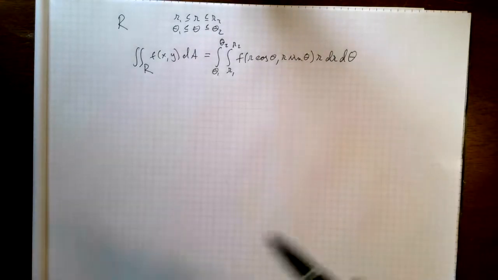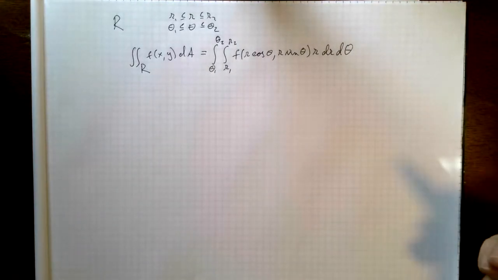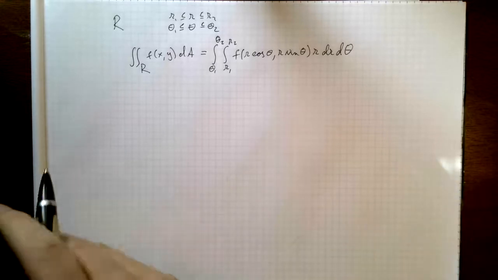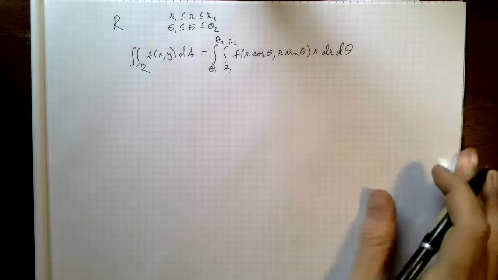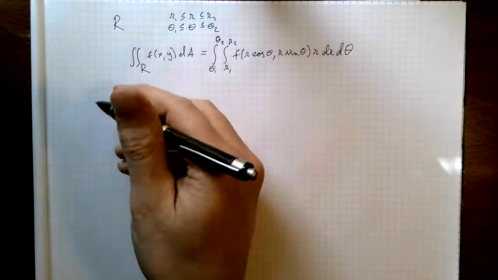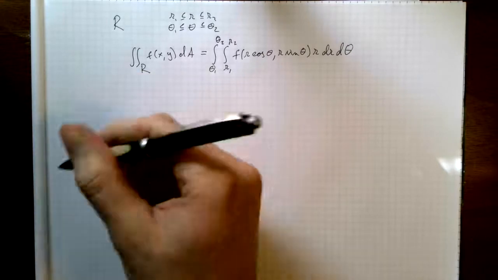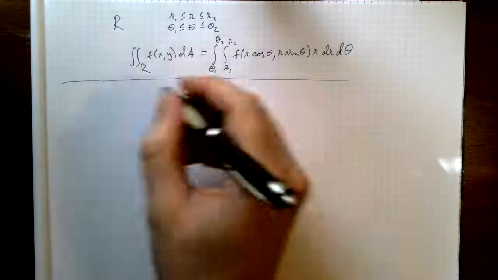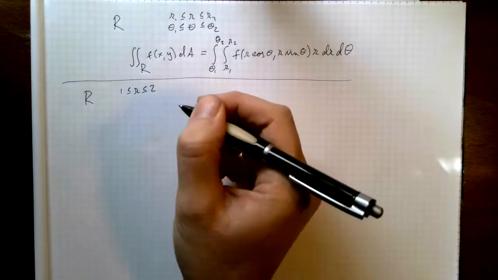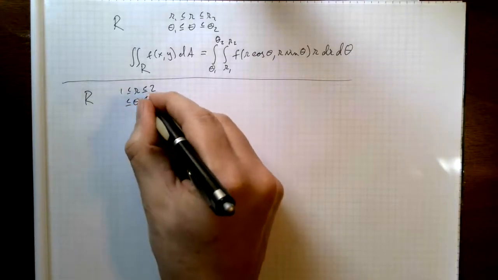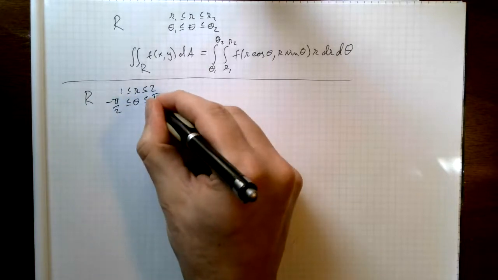Now you have it as an iterated integral. You can sort of forget that this was polar. You just compute what this is, right? So let's do an example. Let's suppose that we have this half annulus where we're going to say r is between 1 and 2, and theta is between minus pi over 2 and pi over 2, right?